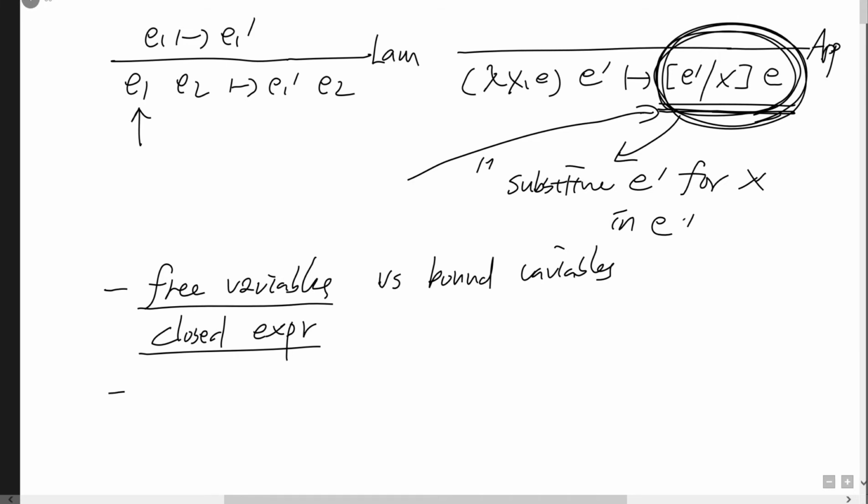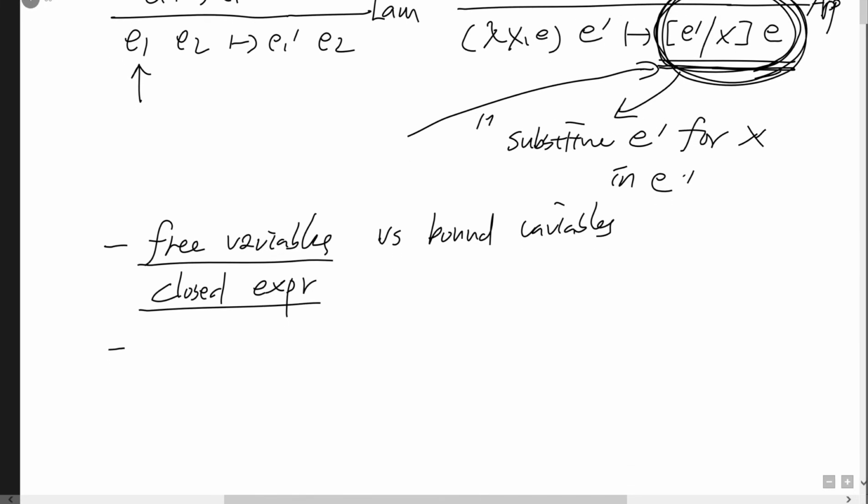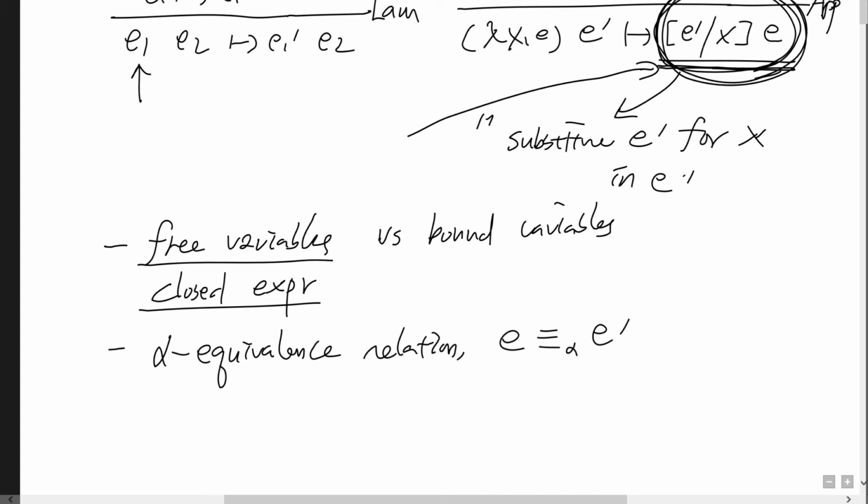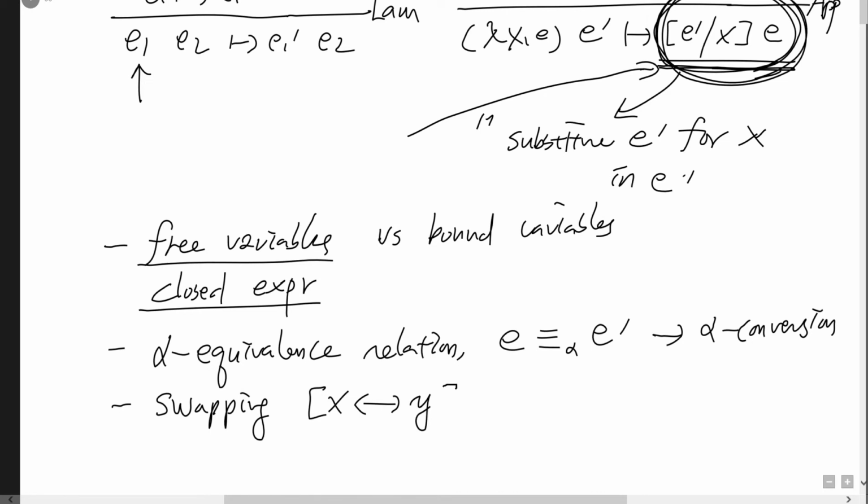And we will also learn an equivalence relation called alpha equivalence relation, which we write as E alpha-equivalent to E prime. You can also call it alpha conversion. And we will also use a new operation called swapping, x bidirectional arrow y applied to expression E. And finally, we will give a formal definition of this substitution.